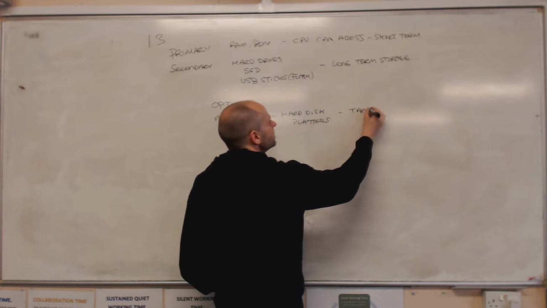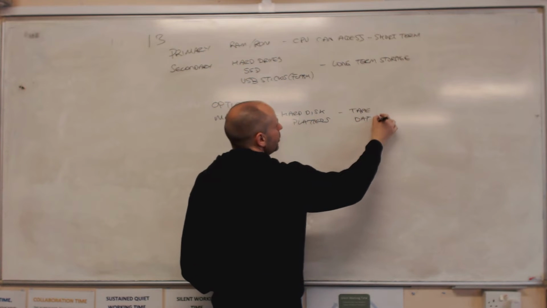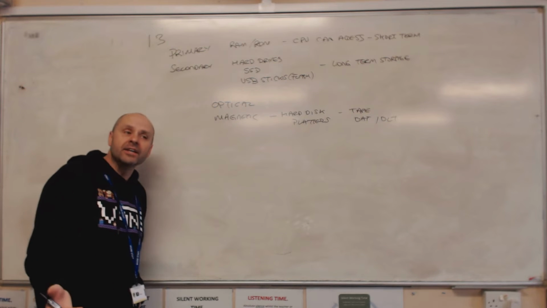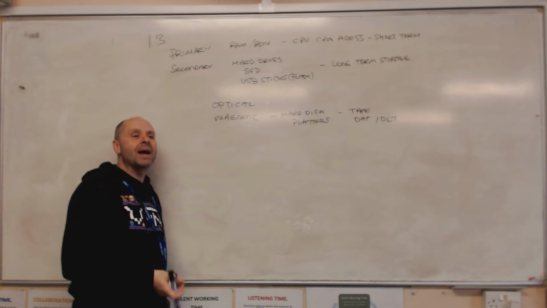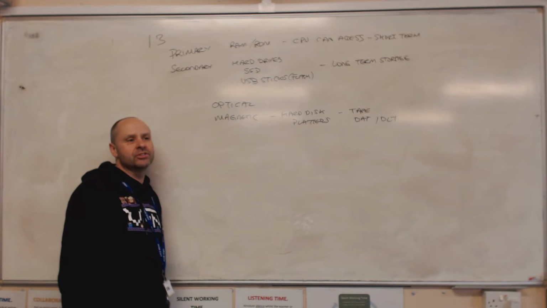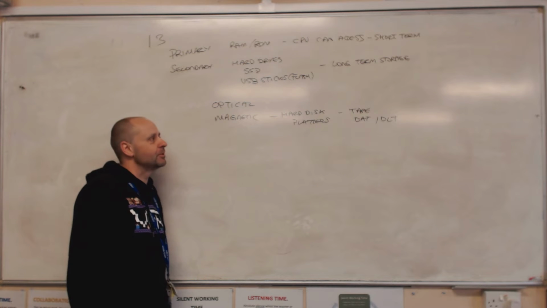But you also get tape: digital audio tape, digital linear tape. We often use tape because it's super low cost and portable for backups. So when we're backing up data, we might spool it out onto tape and then take the tapes somewhere secure, which is what you're supposed to do.